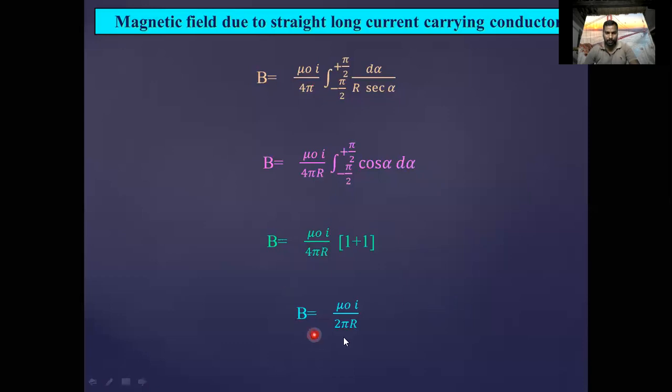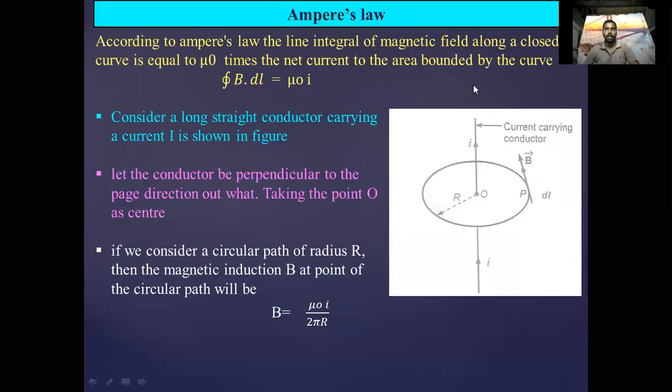Now, using this equation, we have to prove Ampere's law. What is the meaning of Ampere's law? Ampere quantitatively derived the relationship between I and B. According to Ampere's law, the line integral of magnetic field along a closed curve is equal to mu naught times the net current through the area bounded by the curve.